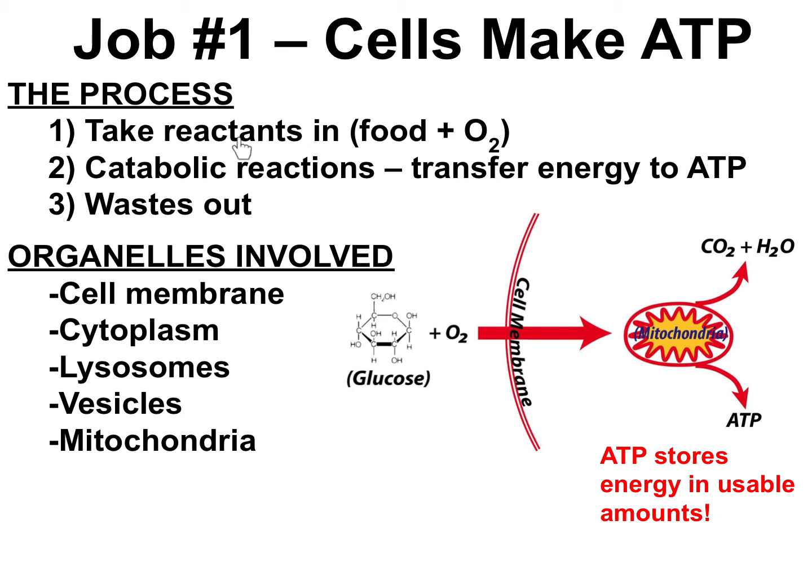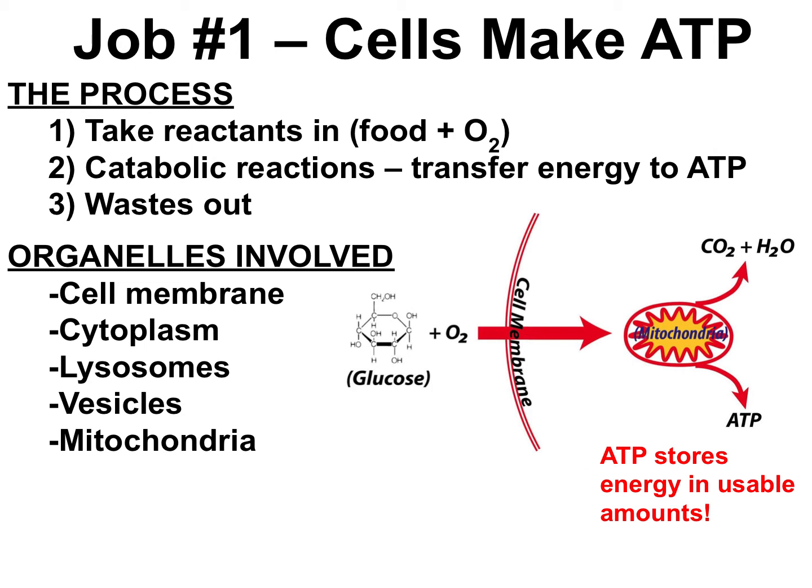How cells take in reactants like food, how cells do the chemical reactions of cell respiration to make ATP, and how cells get wastes out. Now, if you're unsure what ATP is, know that ATP is a molecule that stores energy in a usable form so cells can do all of their energy-requiring chemical reactions and processes.